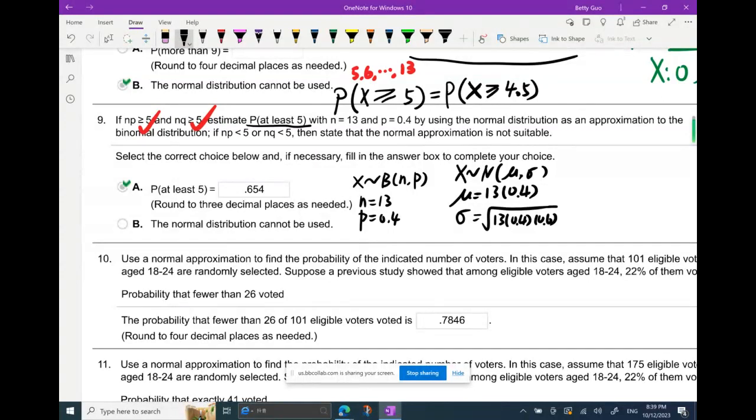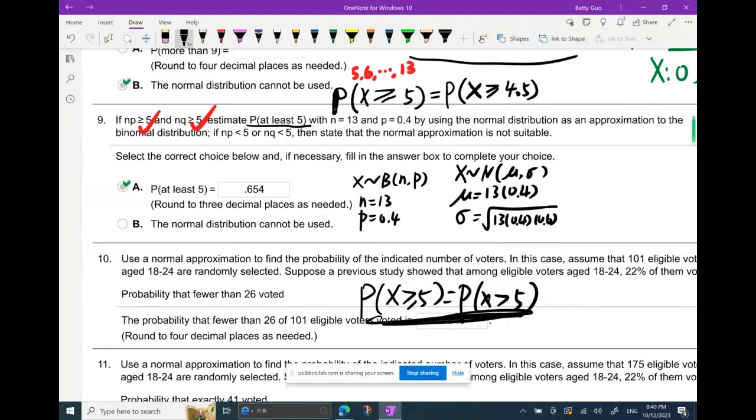So sorry, for this one, I thought translating at least 5 would be x is greater than or equal to 5, so I thought you would put 5 as your lower limit in this case. Yes, but for a continuous random variable, bigger than or equal to 5 and strictly bigger than 5 are the same thing. The calculator wouldn't know.